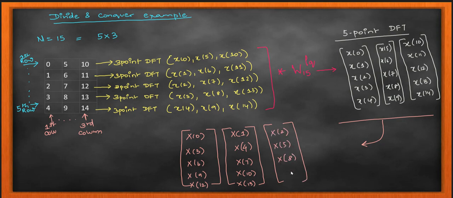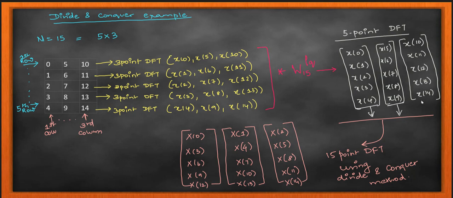And the ordering of your Fourier transform, your 15-point DFT, is horizontal or row wise, because your input signal has been arranged column wise. Your output DFT is arranged row wise. Important, right? It is vice versa. If that was row wise, this would have been column wise.